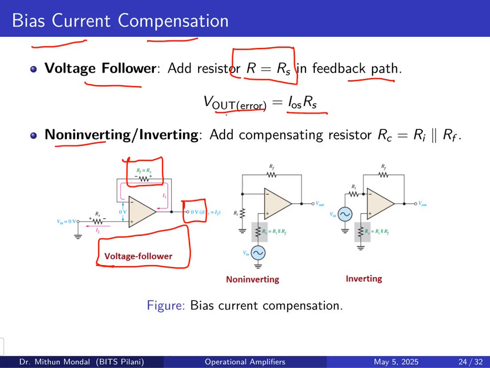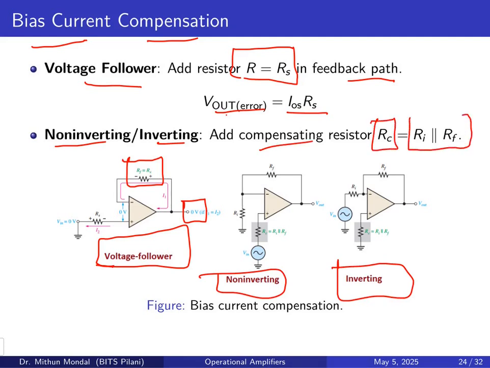In the case of non-inverting or inverting amplifier, this is compensated with respect to a resistor RC, which is the parallel combination of RI and RF. So we are connecting a resistor RC at the non-inverting terminal, which is the parallel combination of the input resistor and the feedback resistor. So this will produce the compensation and the output will be 0 volt and no error will be introduced.